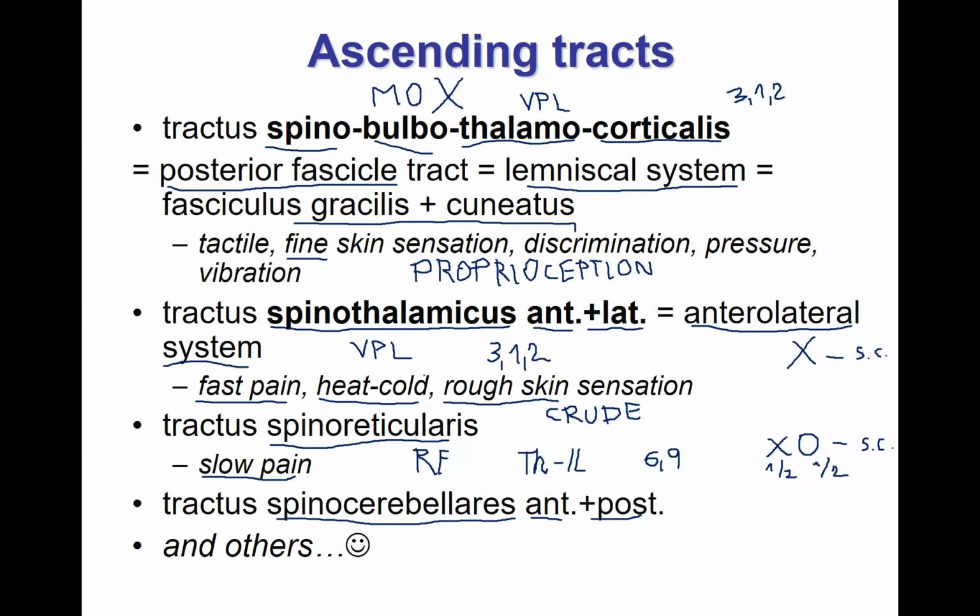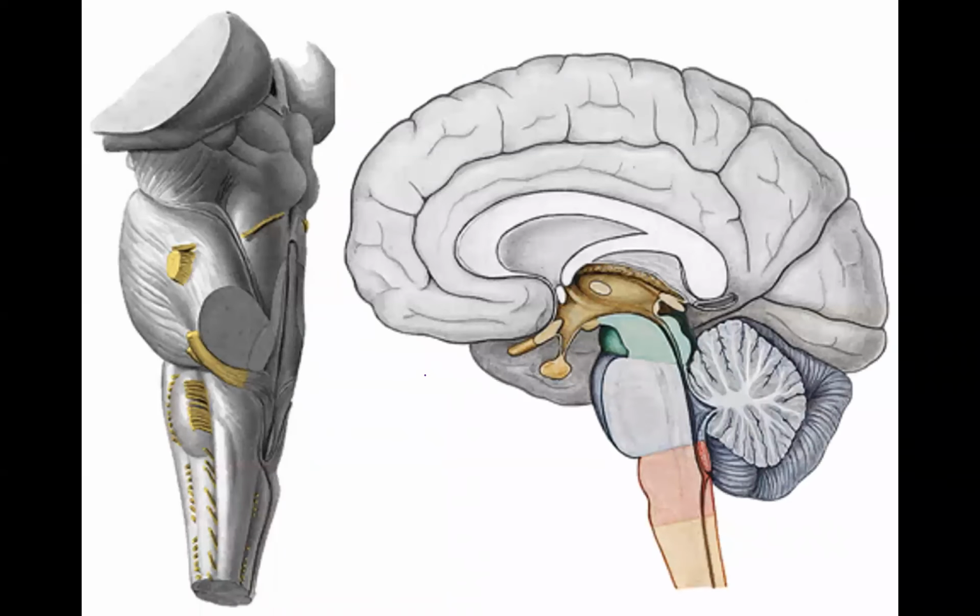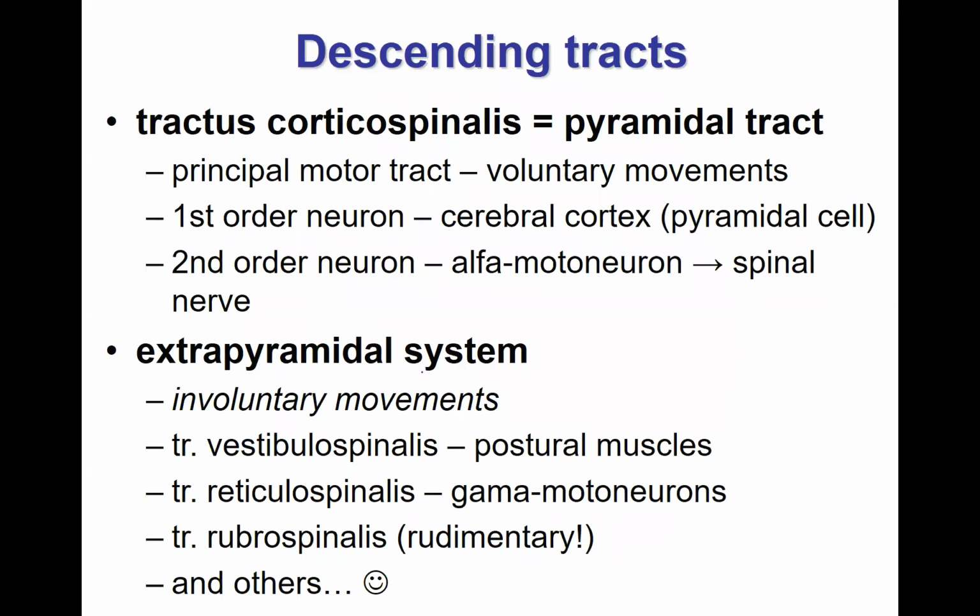So we have talked about all these, and here is the review of the descending tracts for you. I will just summarize it. We have talked about the pyramidal or corticospinal tract, and the vestibulospinal, reticulospinal, and rubrospinal. The pyramidal tract concerns the voluntary movements. The involuntary movements are mediated by the other tracts, and as they are not transmitted via the pyramidal tract, we call them extrapyramidal.